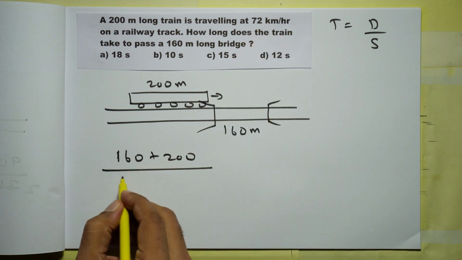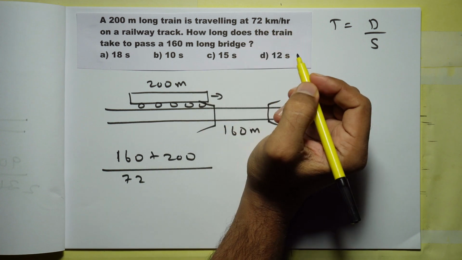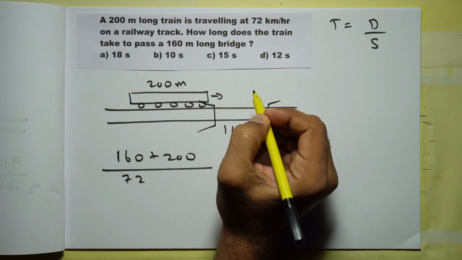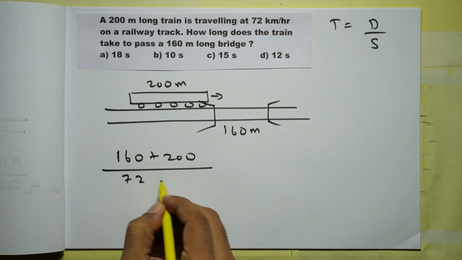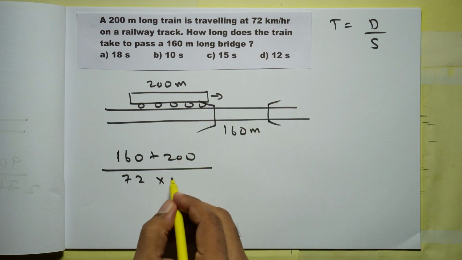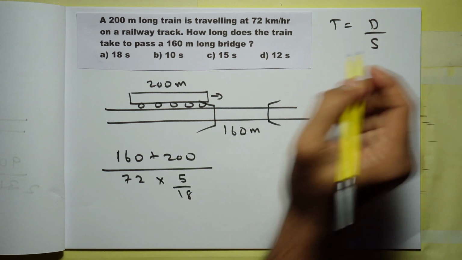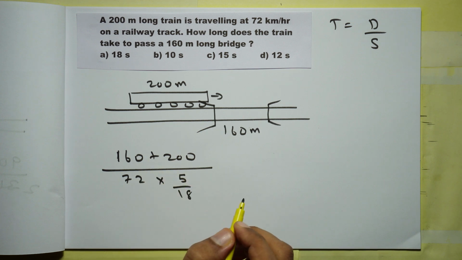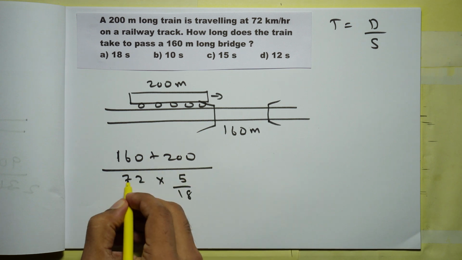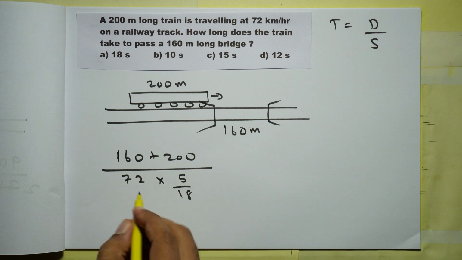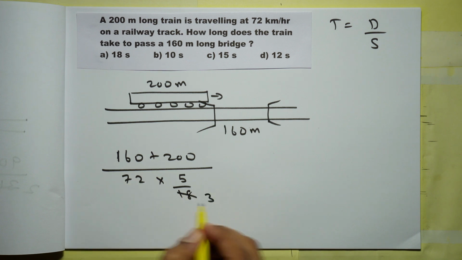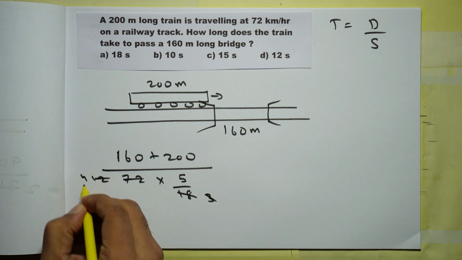Divided by its speed, 72 kilometers per hour. Answers are given in seconds, so we'll convert kilometers per hour into meters per second. We'll multiply by 5 by 18. And distance by speed gives you time. 72 is 6 into 12. So 6 divides 3 times, 6 divides 12 times here. 3 divides 4 times.